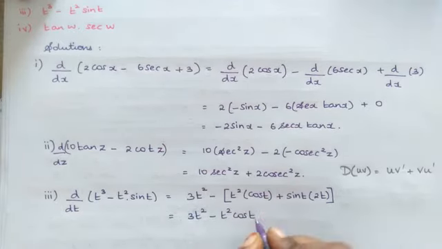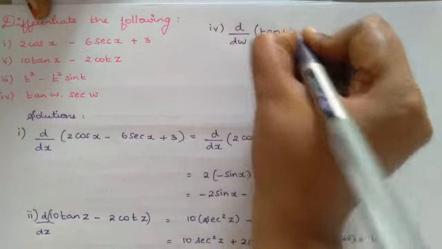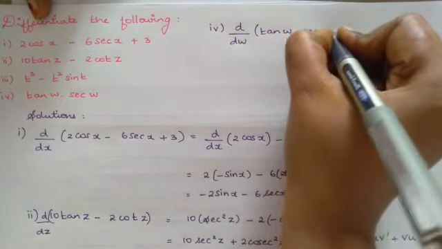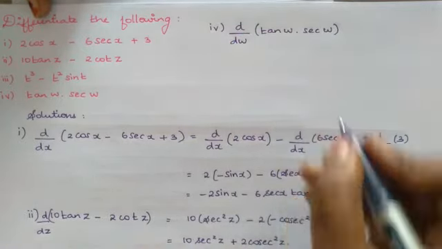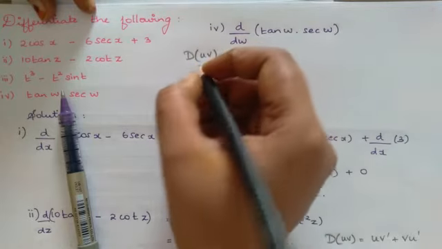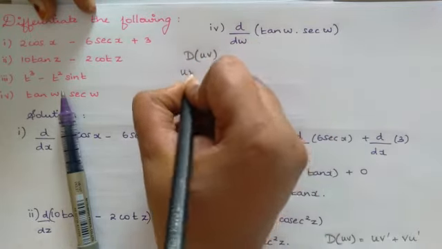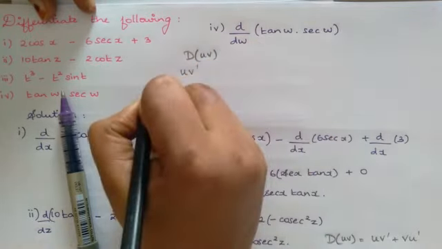Last sum, fourth subdivision. This is d by dw of tan w into secant w. Again, product of two terms. In that case, with uv, product of two terms, let's have the first term as it is and find the derivative of the second term.